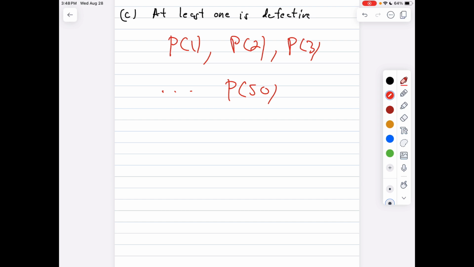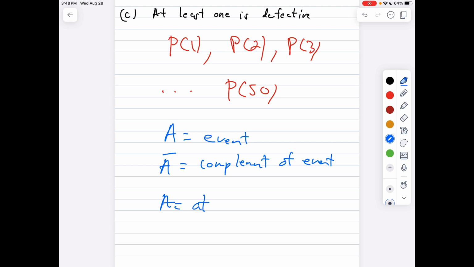Well, here it is. If you have an event, call it A, you have its complement, okay? So the complement, basically, it's like the opposite of the event in a way. So for example, in our case, the event that I'm looking at is that at least one is defective, okay? So what's the complement of that? Well, like the opposite.